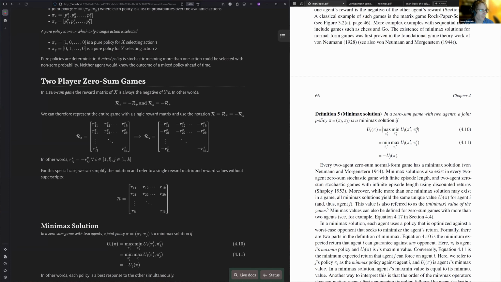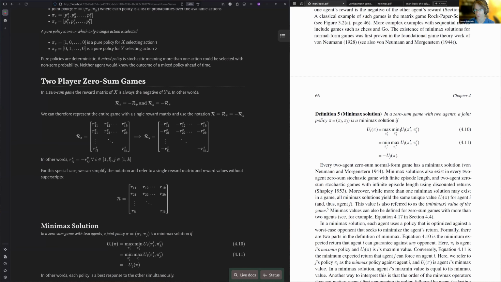And then it obeys this other property, which is that if we look at the reward function for the first player in this case, and we consider all of the policies that could be taken from either the X or the Y player, the second player is trying to minimize this value.